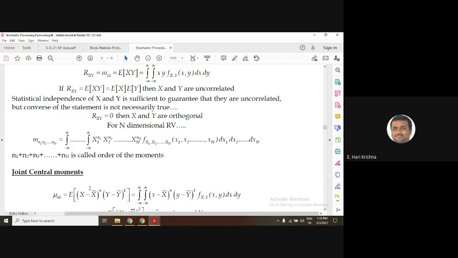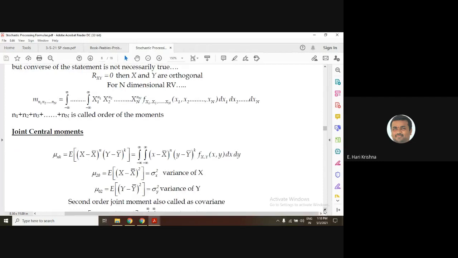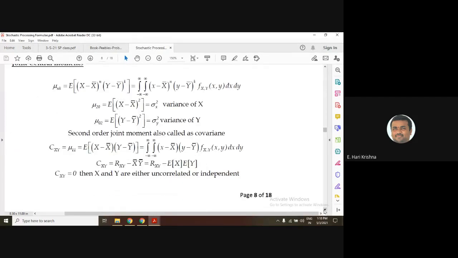So the expectation, same thing is copied down here, fXY of x, y, dx dy. Mu20 gives the answer: expectation of (X minus X bar) whole square, which I can call the variance of X. Mu02 we call the expectation of (Y minus Y bar) whole square, which is the variance of Y.